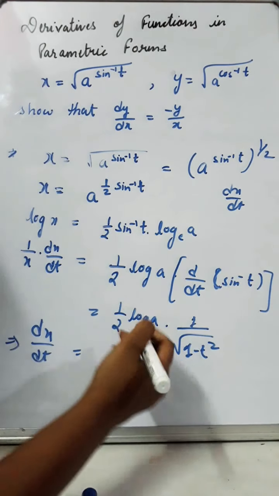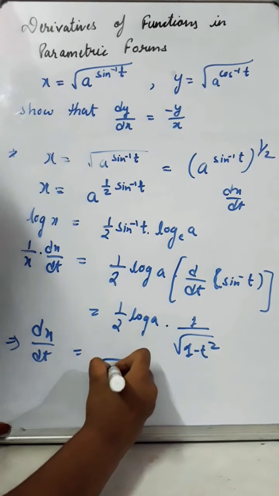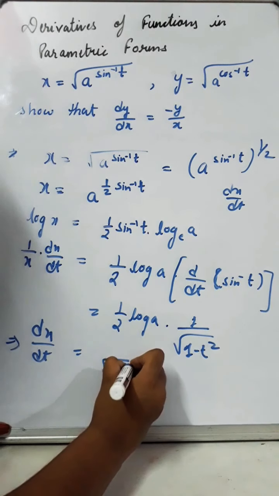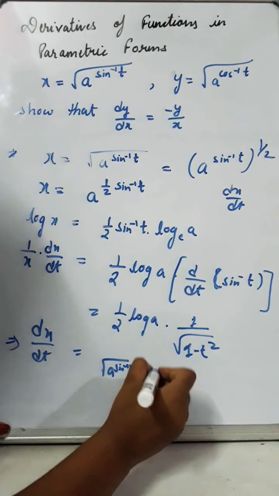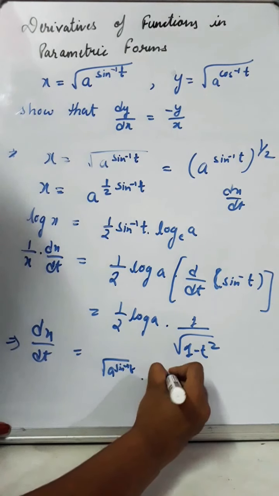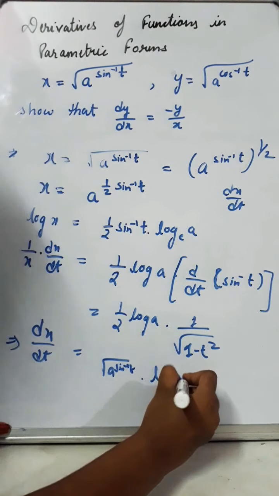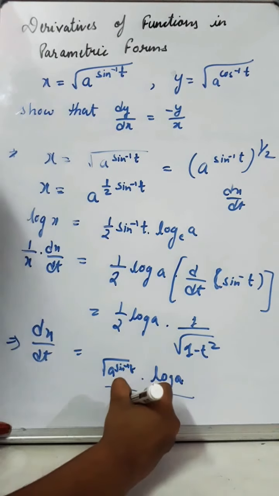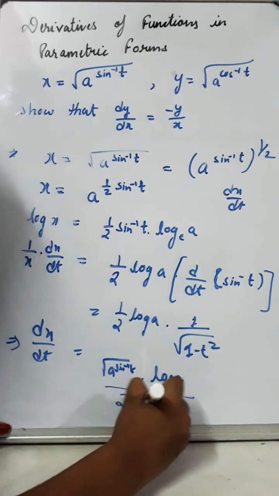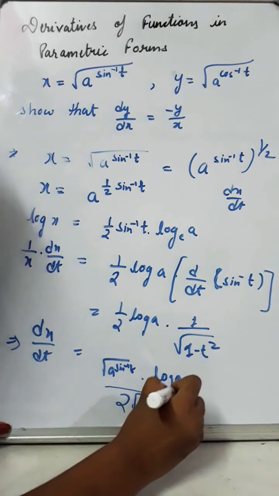your x will come this side, which is under root a sin inverse t, log a whole upon 2 times under root 1 minus t square.